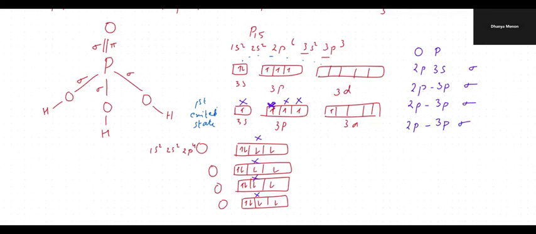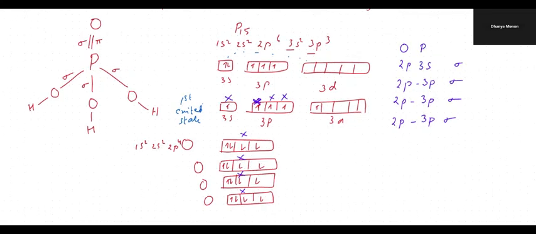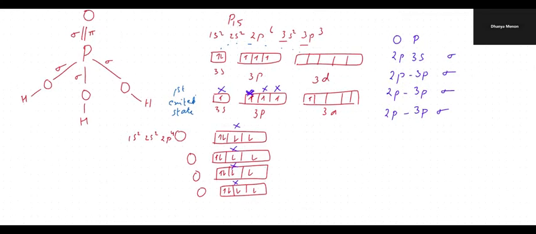Now, how many pi bonds are there? Only one pi bond is there. So that pi bond, obviously, the 3d orbitals will participate to form. So I have the 2p orbitals of oxygen with the 3d orbital of phosphorus to form what?